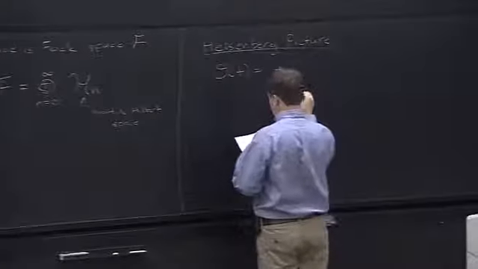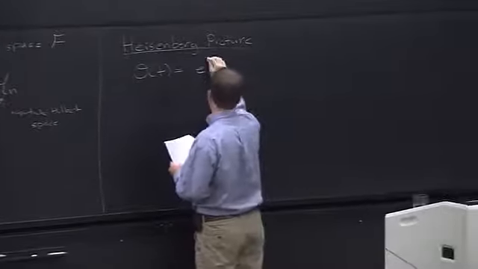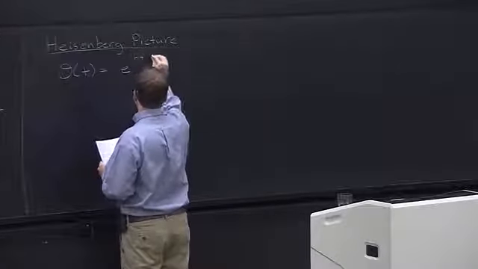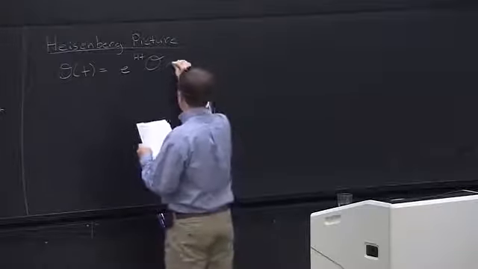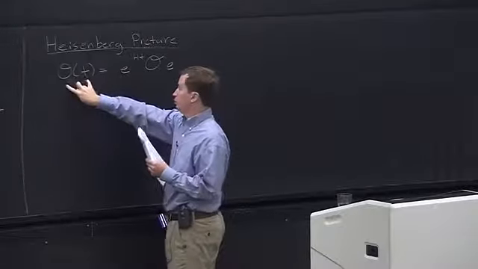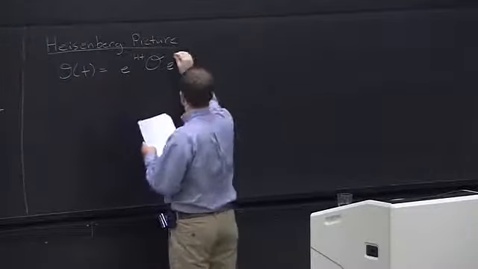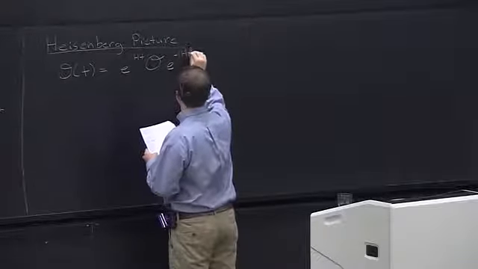And time dependent operators can be found from the Schrodinger picture operators in the usual way. So we have a Schrodinger picture operator O. We can write the Heisenberg picture operator, which I'll denote as O of t, in just the usual way.